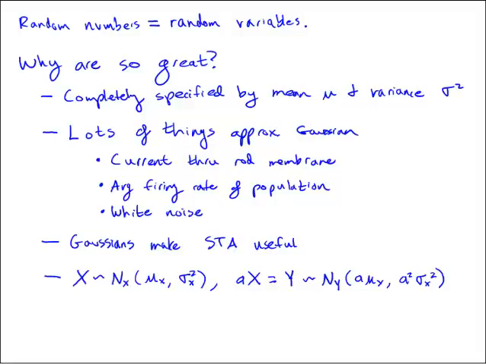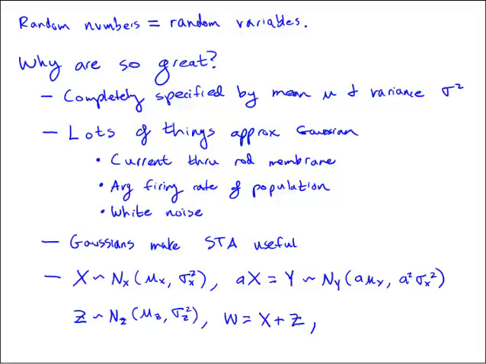Secondly, let's say you have a random variable z that is also Gaussian distributed with its own mean and its own variance. In this case, suppose we define a new random variable w, which is x plus z.